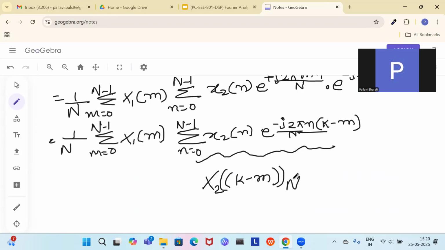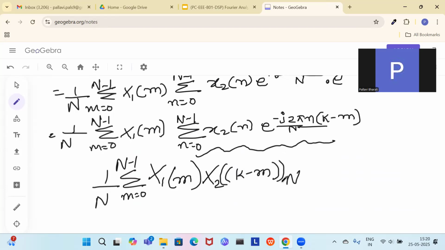Fine. Now this is over here going to be 1 by n, m equals 0 to n minus 1, x1m into x2 k minus m.